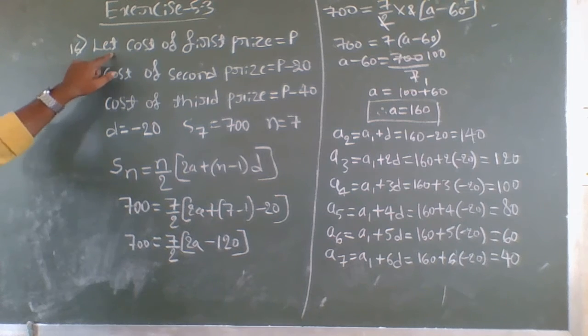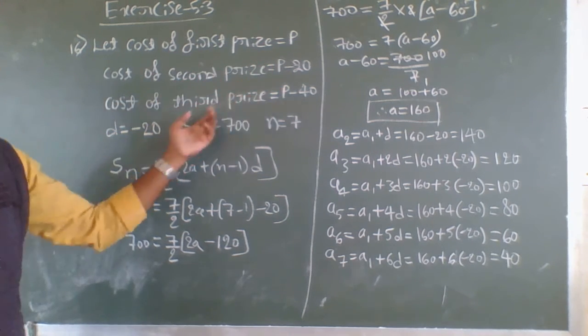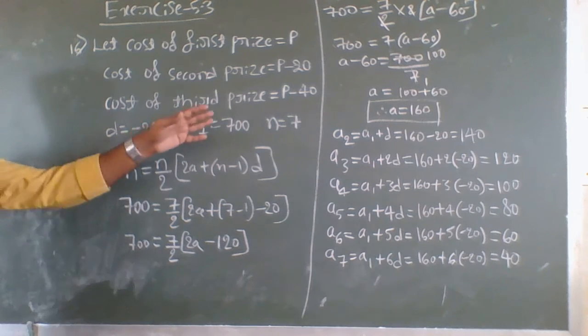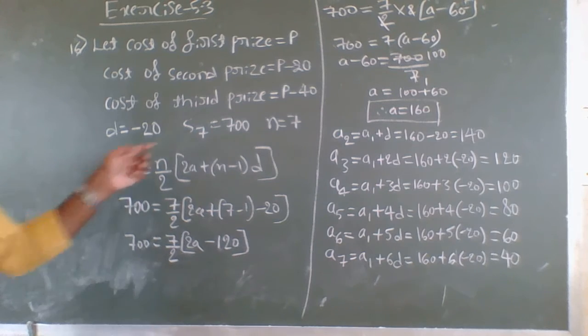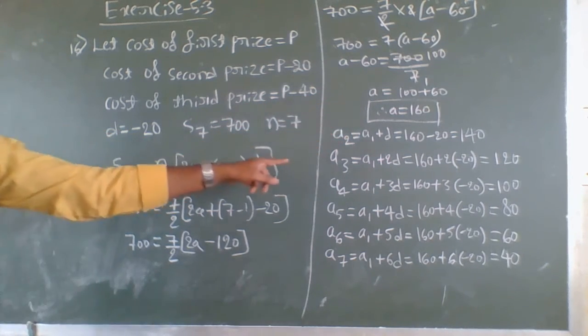Therefore, the cost of the first price is P, the second price is P minus 20, and the third price is P minus 40. Now by using all this, we will calculate the first a value, the price of the first student.